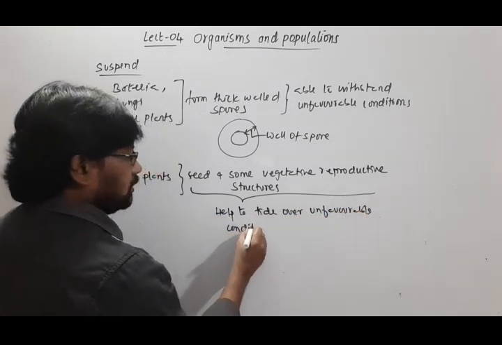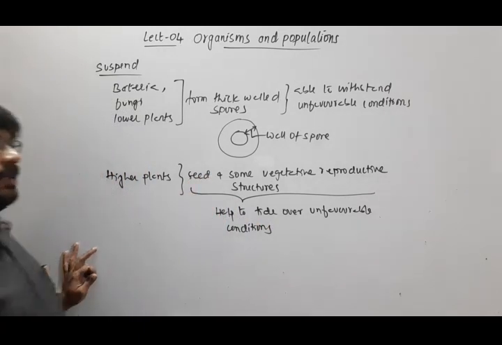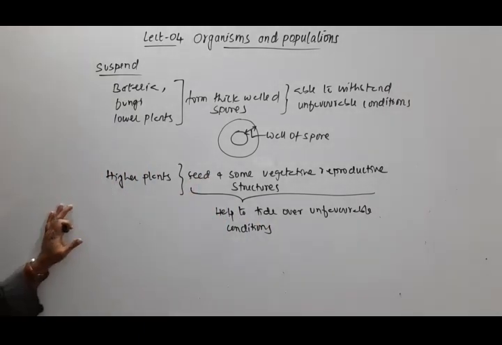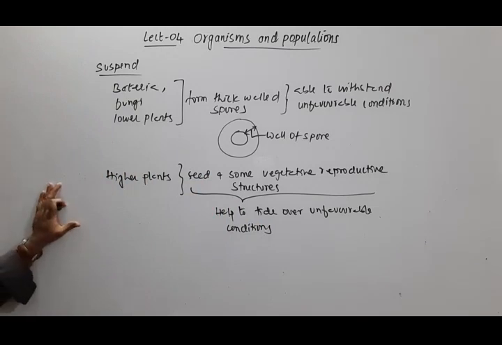Once the conditions become favorable, the seeds germinate, and even the vegetative reproductive structures germinate and produce new young ones. They do it by reducing their metabolic activity a lot.